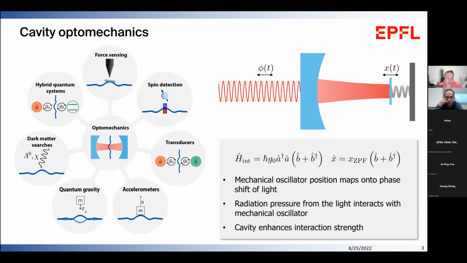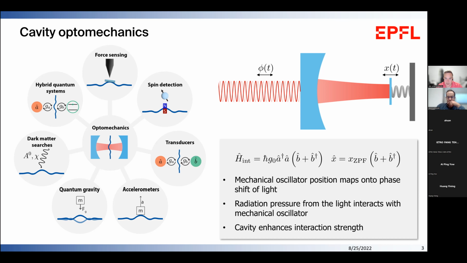It's harder at low frequencies, mainly because at high frequency you can usually operate in the so-called resolved sideband limit, where the line width of your optical cavity is lower than the mechanical frequency. And this means you don't need to do this feedback cooling, which is a bit more tricky in terms of technical aspects like noise of your laser and detection efficiency.